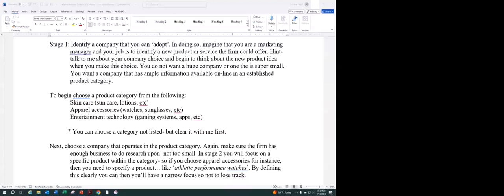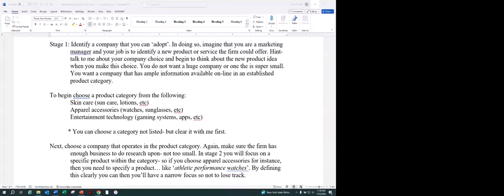The company you choose will offer products within a composite of other companies that make up the product category space that you're looking to focus on. So you need to think about that industry or that competitive landscape, and bear in mind one company may compete in multiple product categories.